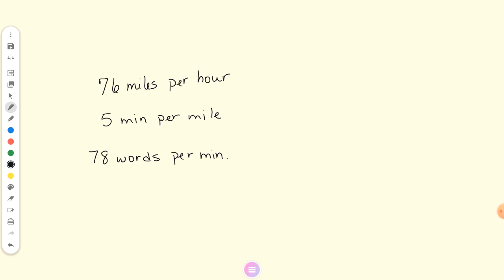What do all of those mean? Like 78 words, that's how many you could fit in 1 minute, whether it's reading them or typing them.